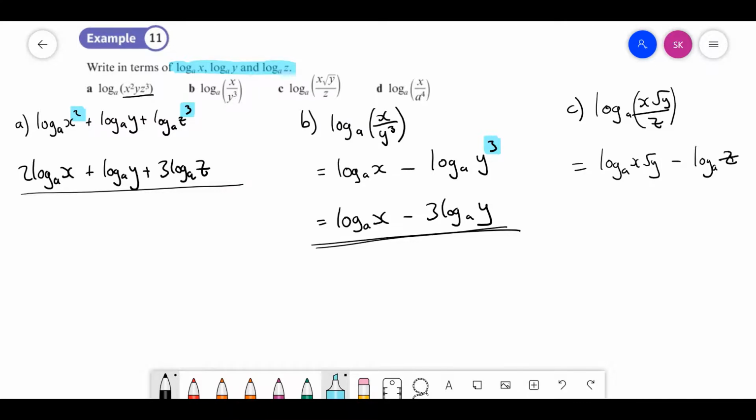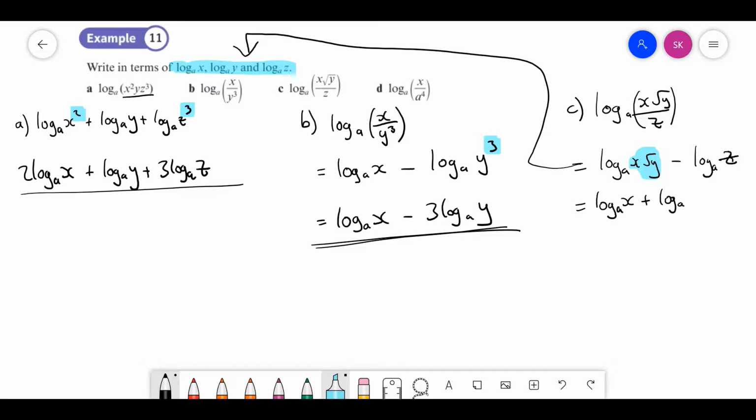And then I'm going to split up the x root y so that I've got it in the form that the question is asking me for, which is separating out the log x, log y, and log z. So I'm going to change this to log base a of x plus log base a of root y. And obviously I've still got the log base a of z there. But log base a of root y is not the same as what the question is asking me for.